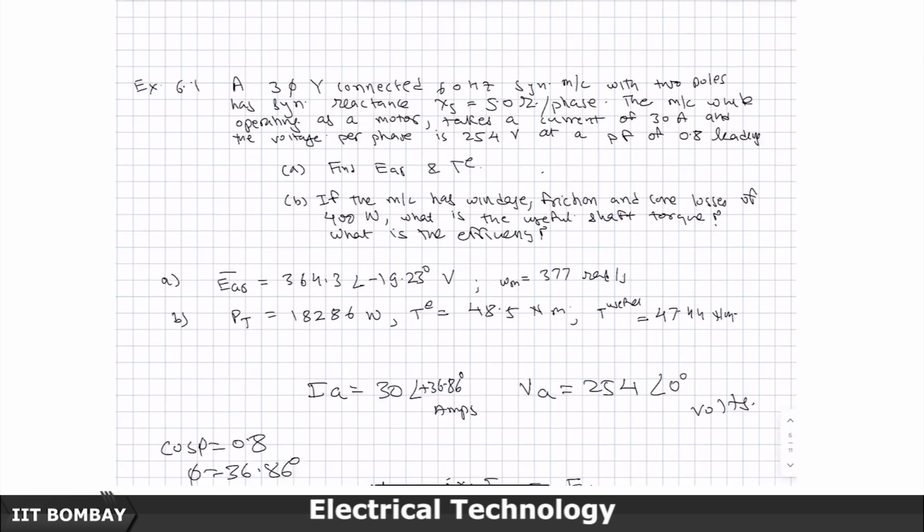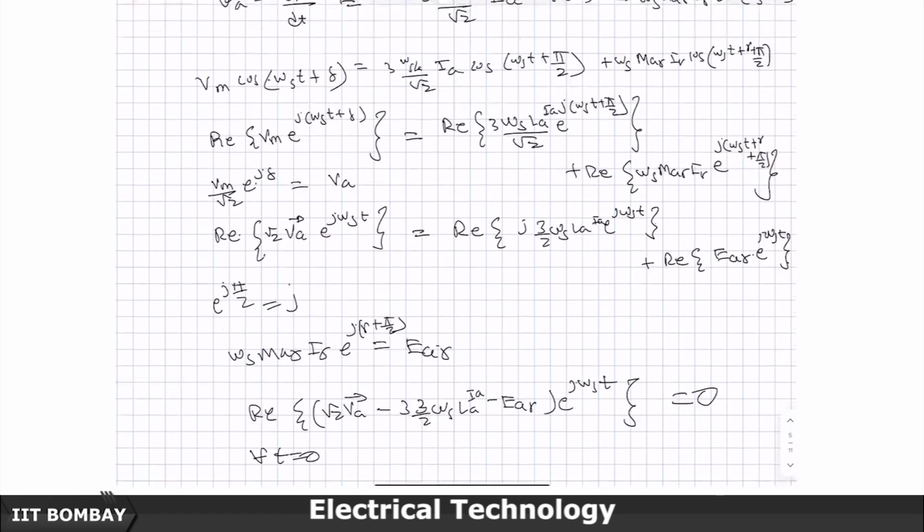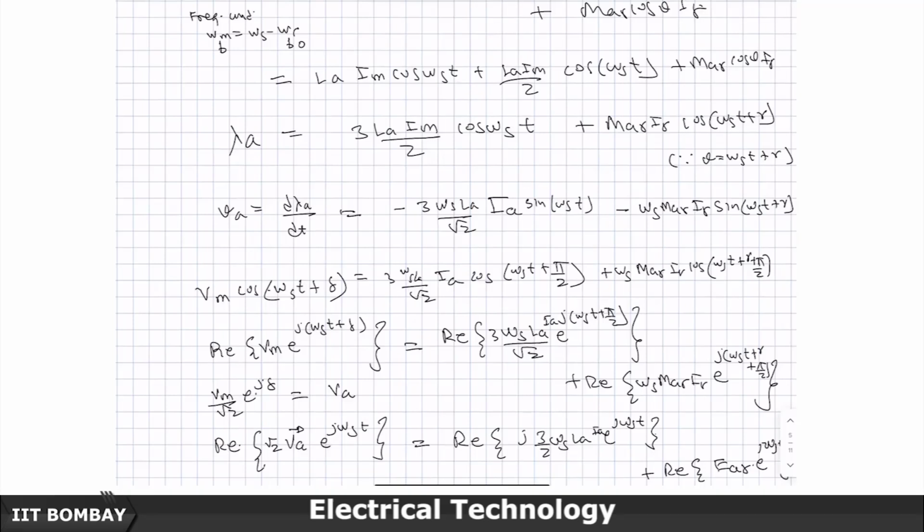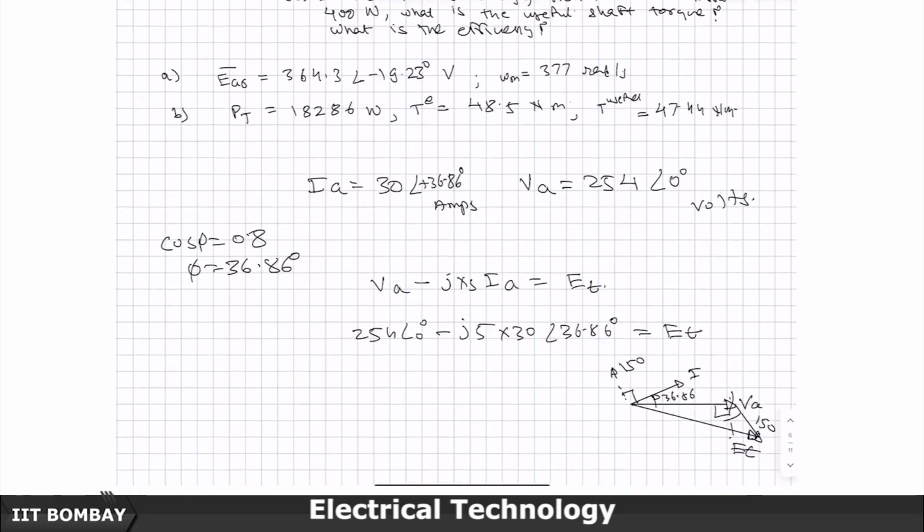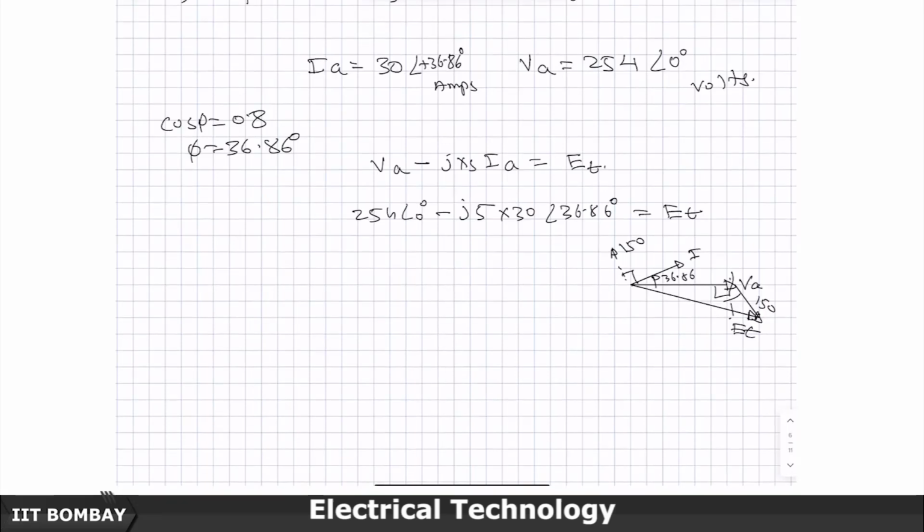So the point is, one more interesting point that has come out of this is, we had derived that PT is equal to minus 3 EA VA by XS sine of delta. Now because PT is greater than 0 for the motor, the power which is drawn from the electrical side and transferred to the mechanical side is taken as positive, that is greater than 0.